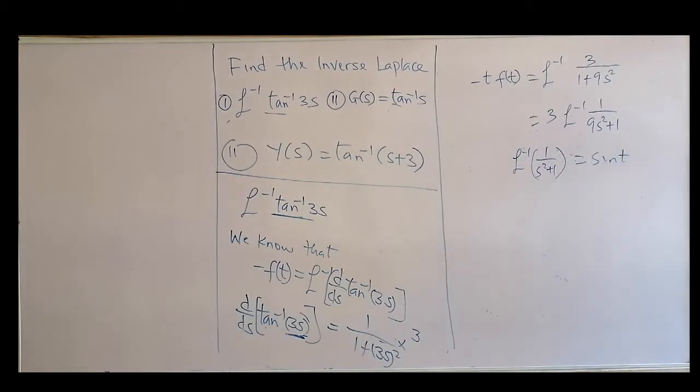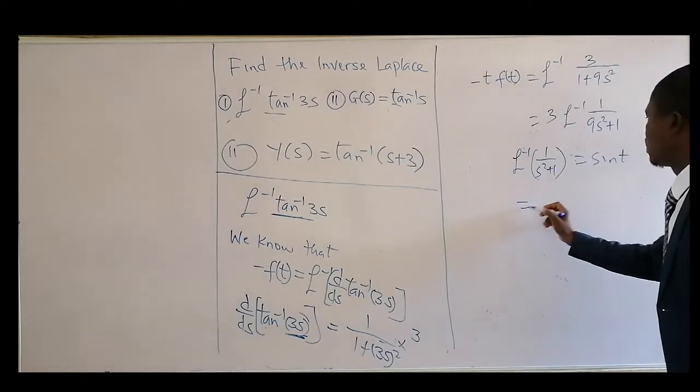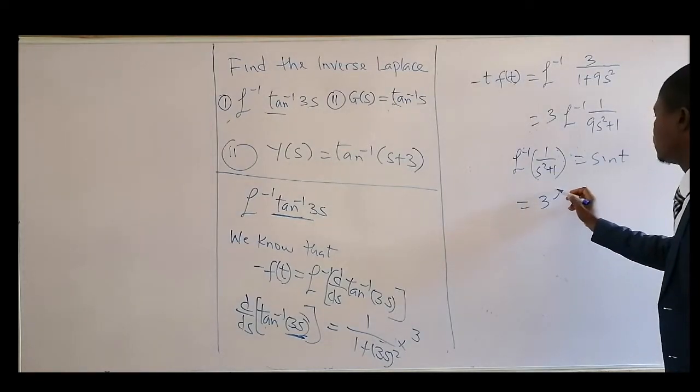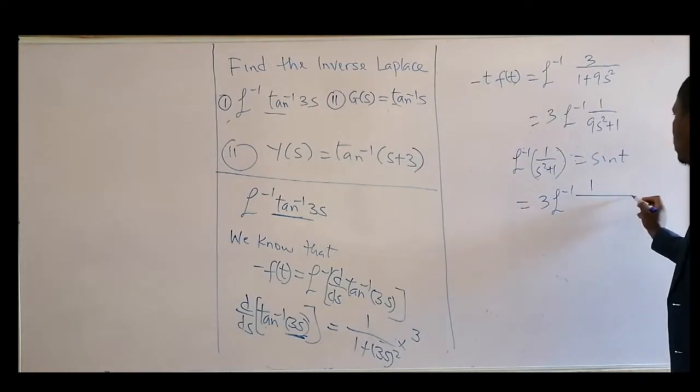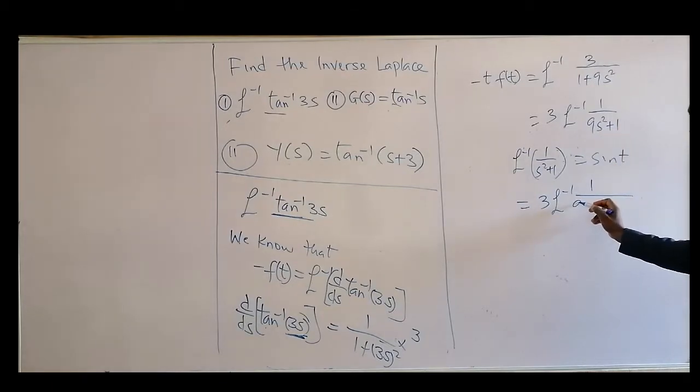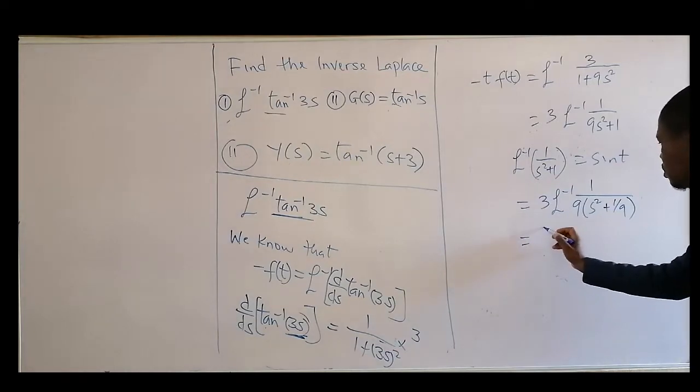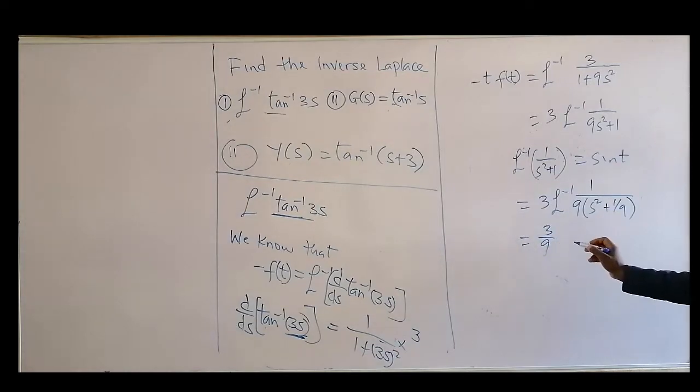So we now have 3 times the inverse of 1 over; divide by 9, take 9 out, so we have x squared plus 1 over 9. This 9 we take outside, which is 3 over 9, times the inverse of 1 over x squared plus 1 over 3 squared. 1 over 9 is 1 over 3 squared.